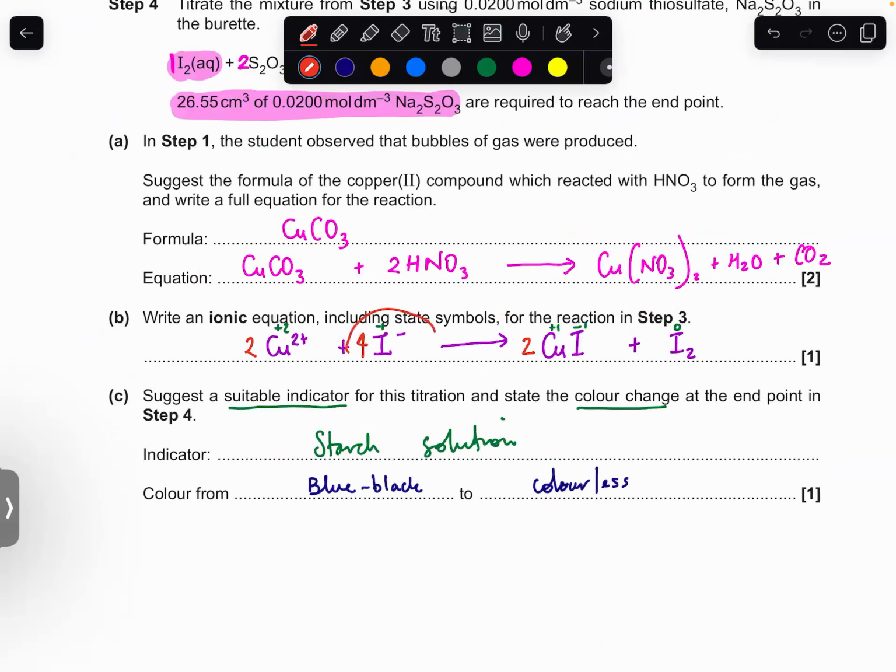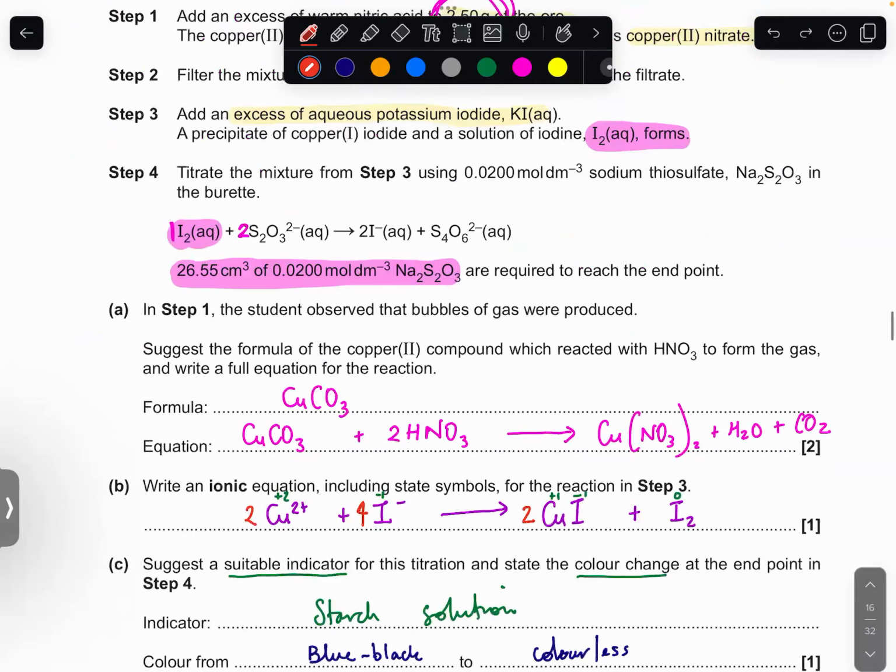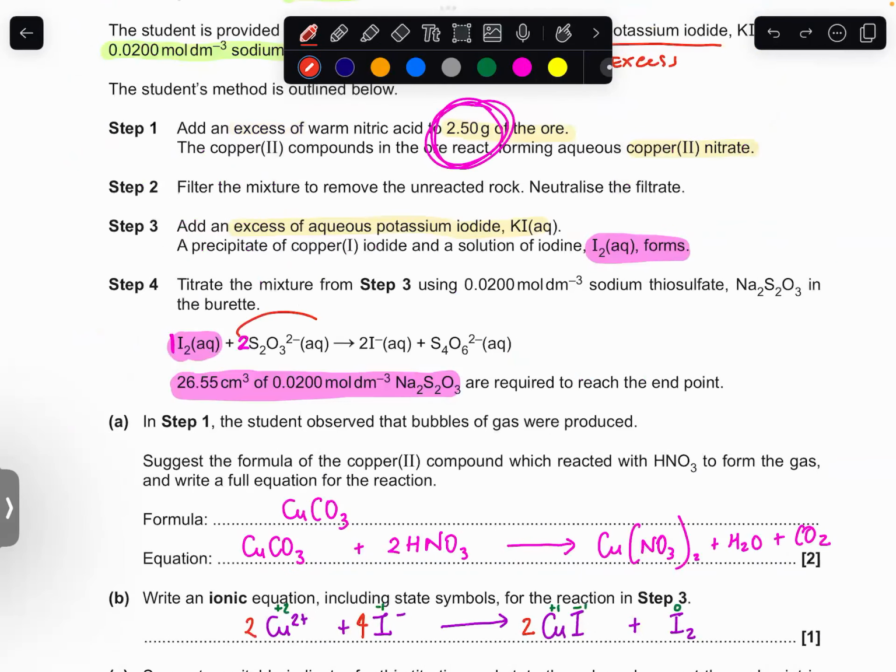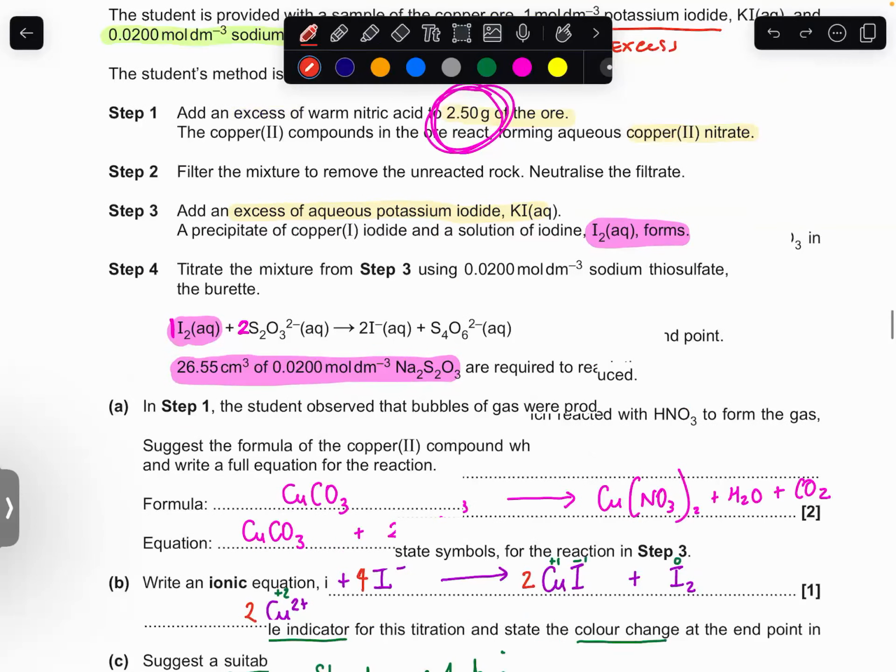If this was not in excess, that means there's going to be less iodine forming. If there's less iodine forming, that means in the titration, you're going to be using less thiosulfate solution, which in turn will give you a smaller titer.